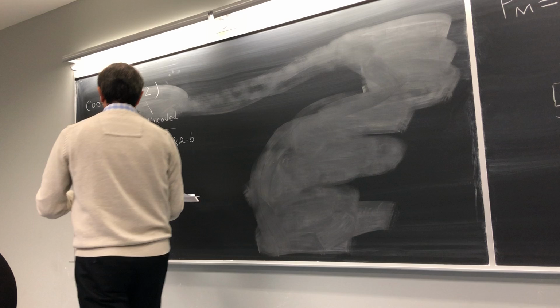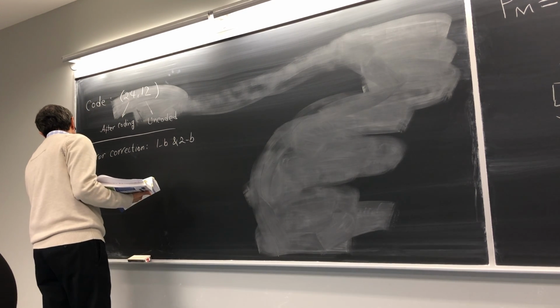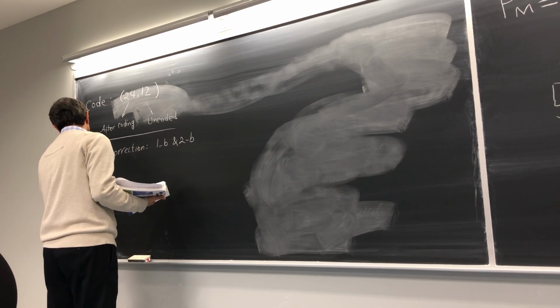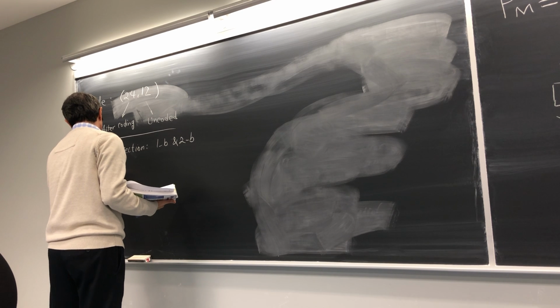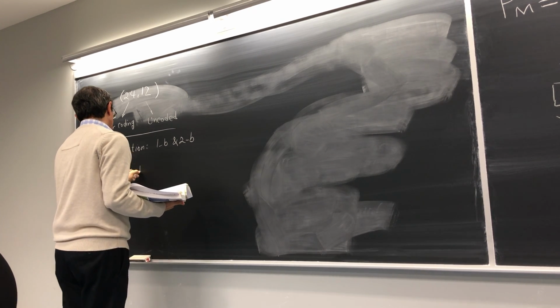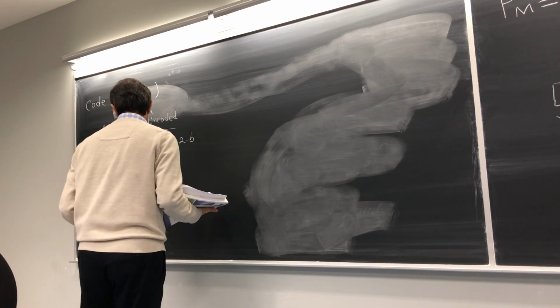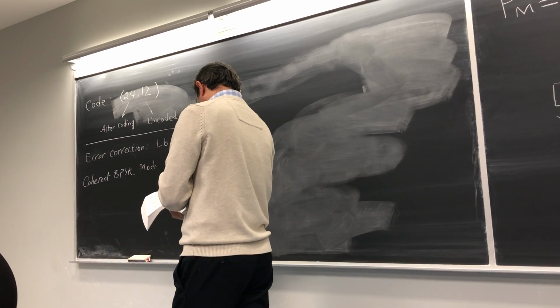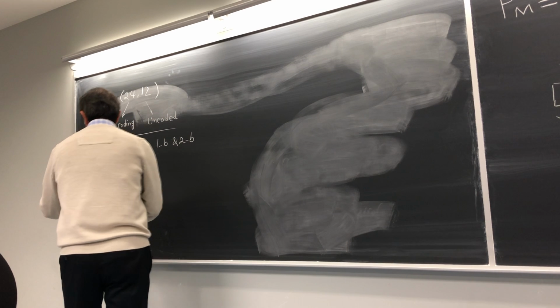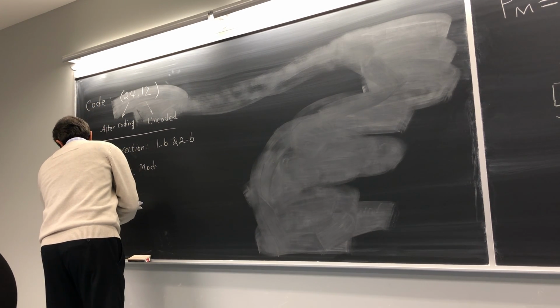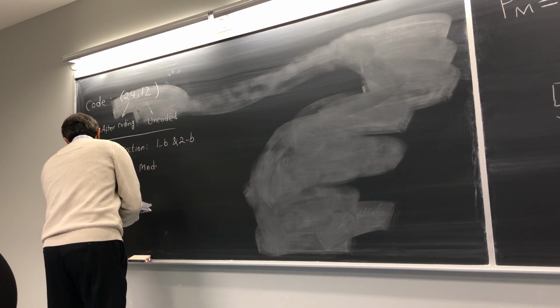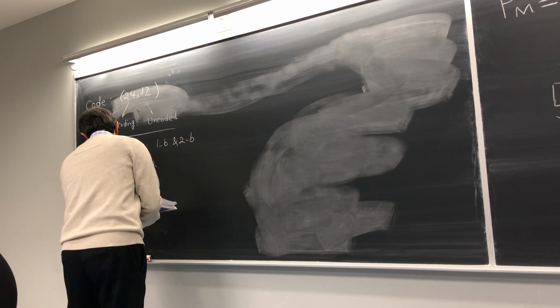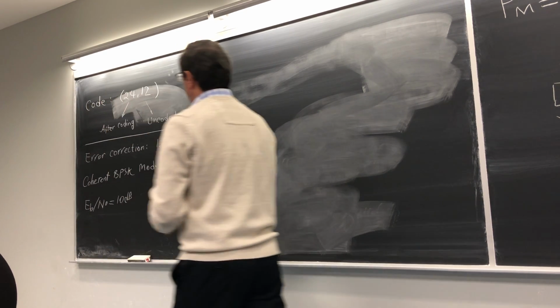Coherent BPSK modulation. And the received signal to noise ratio, Eb over N naught, equals 10 dB. Right?